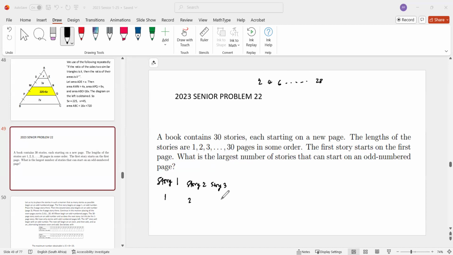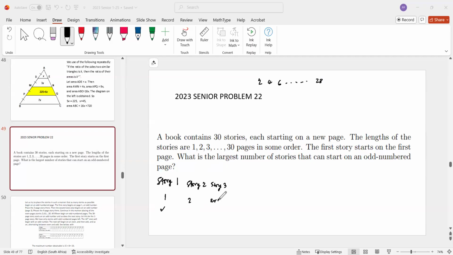I'm going to put all those stories, 14 stories, next to each other, so I know I'll get rid of all the evens. I want the largest number of stories that can start on the odd numbered pages. The first one is, but now what I'm going to do is I'm going to put all the even number page.